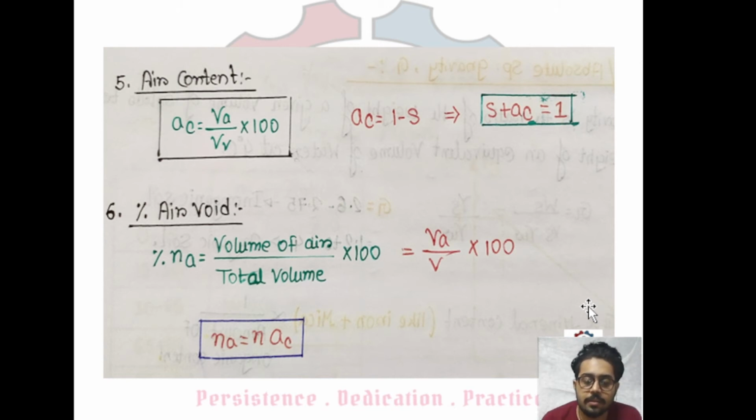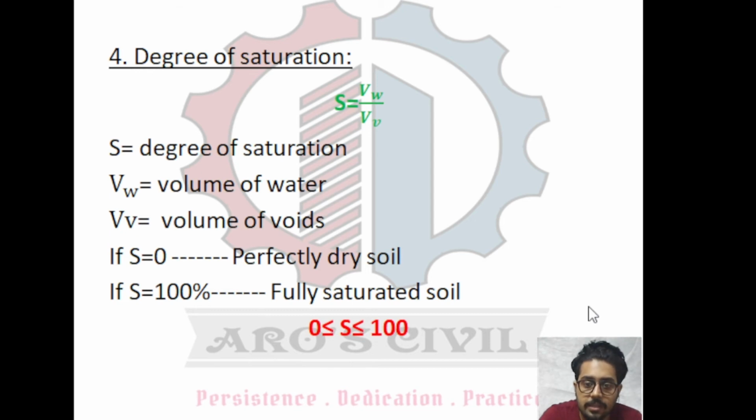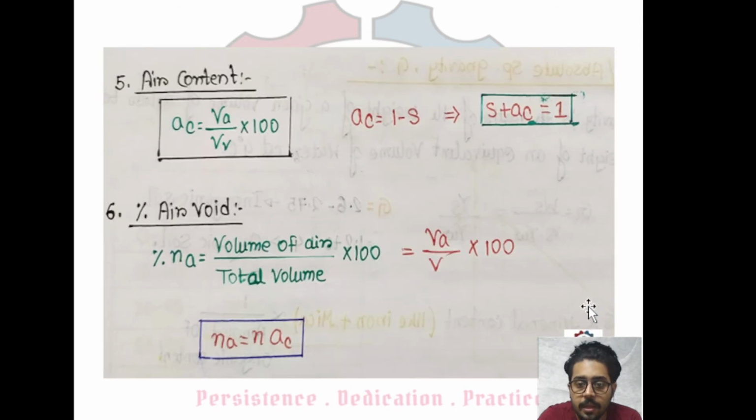If you noticed, degree of saturation is the ratio of volume of water and volume of void. Air content is the ratio of volume of air and volume of void. If you add these two, S plus AC, in the denominator volume of void is common and in the numerator it is volume of water plus volume of air. We know that volume of void is the summation of volume of air plus volume of water.